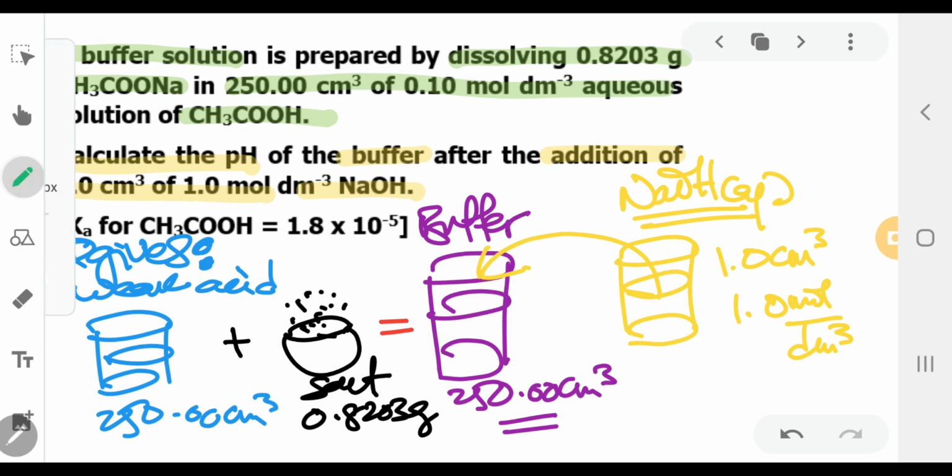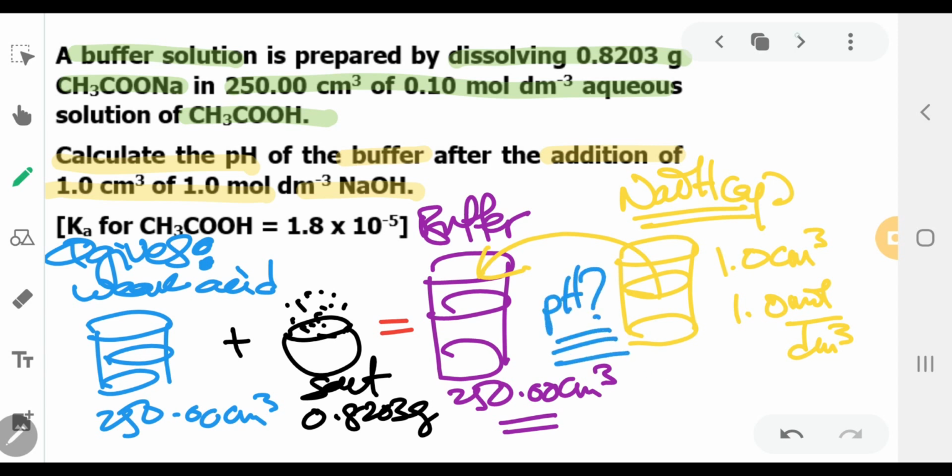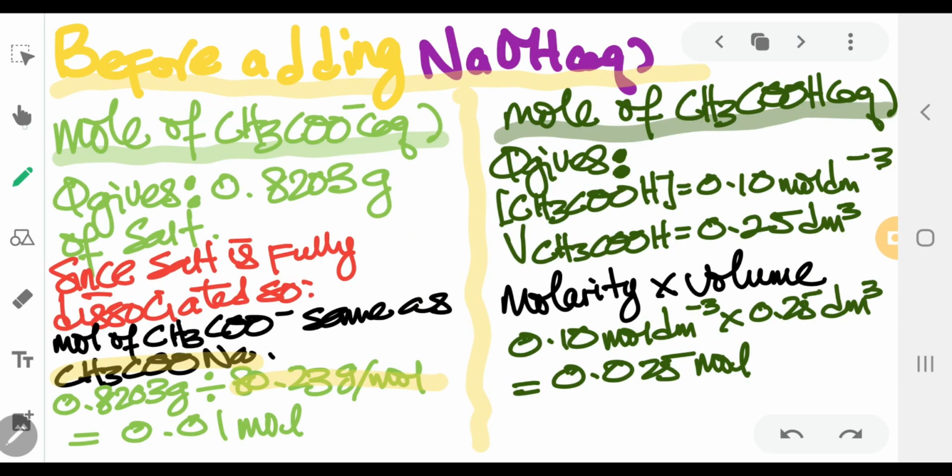So we need to think about what is the pH now after that. Okay. So we need to find the number of mole. We have done this just now for the addition of strong acid. So it will be the same because we are still using the same buffer solution.